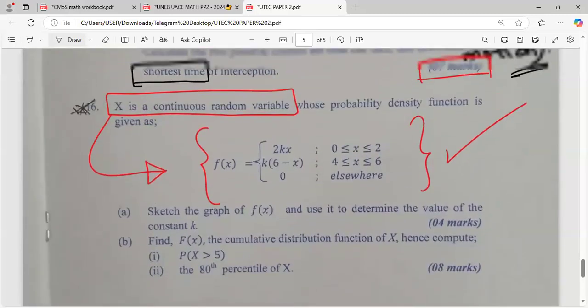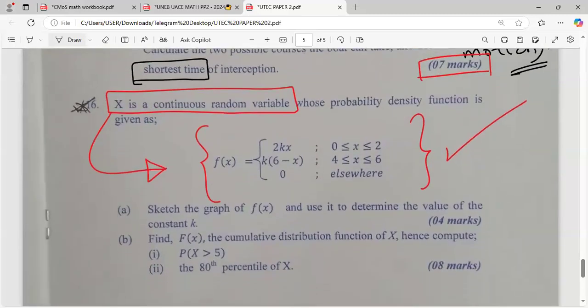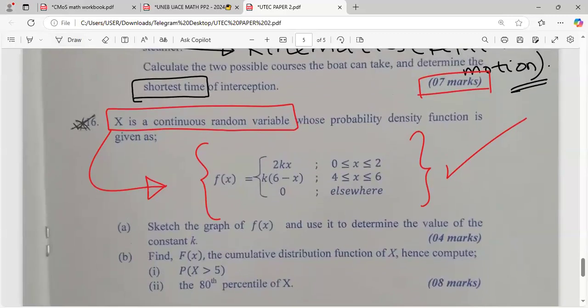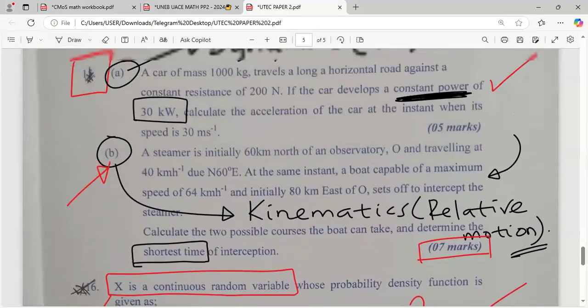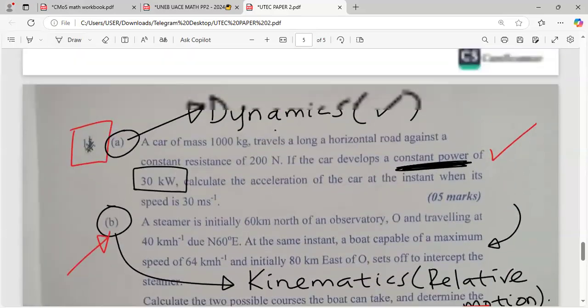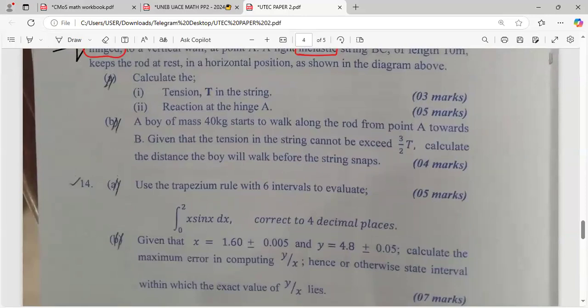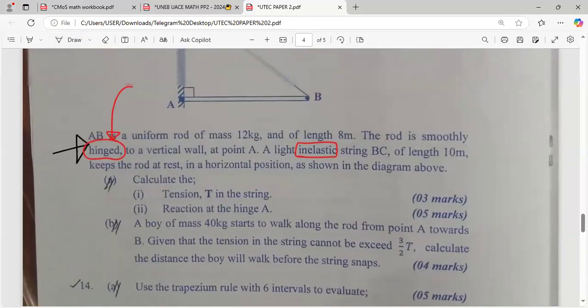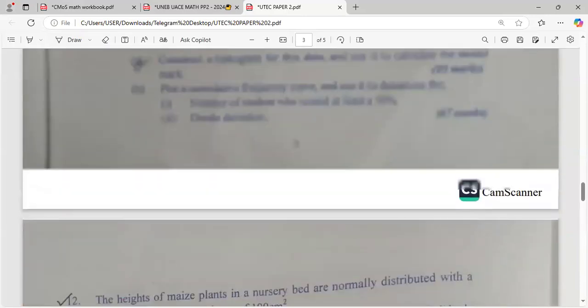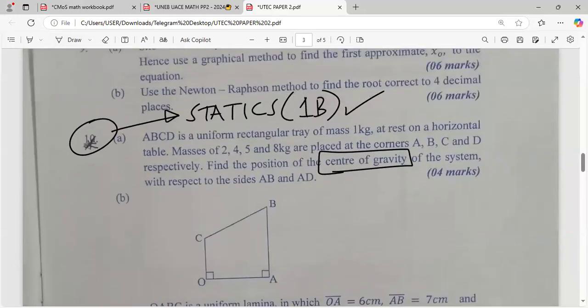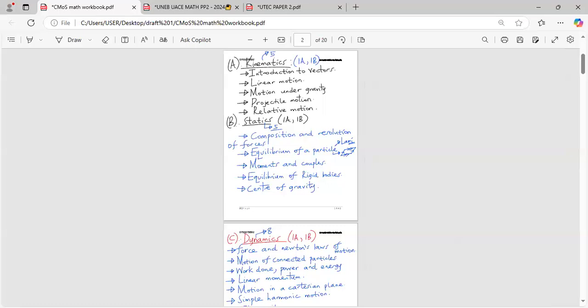These things of percentiles, probability, finding capital F, those are things we have been doing. Hope I'm clear there. So realize, I'm done. Those sample papers are enough. They are enough.